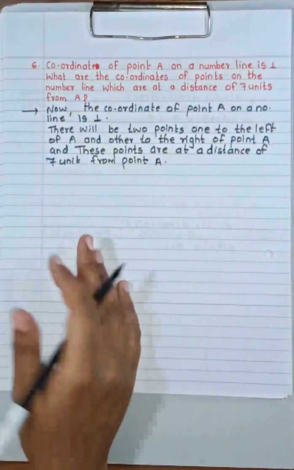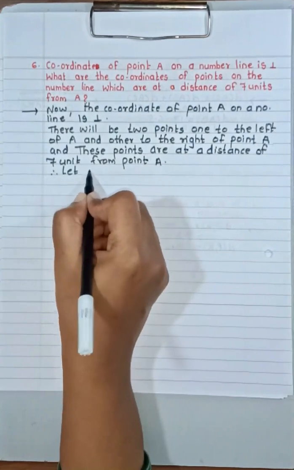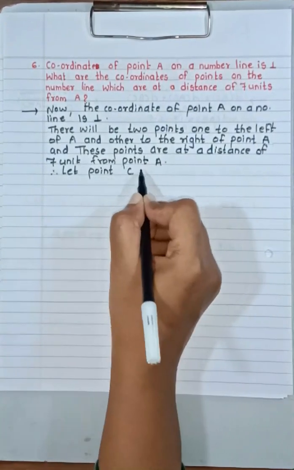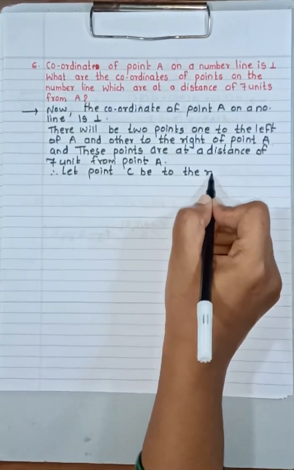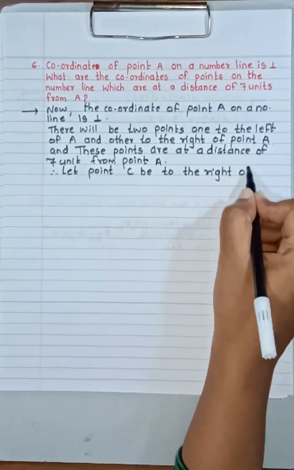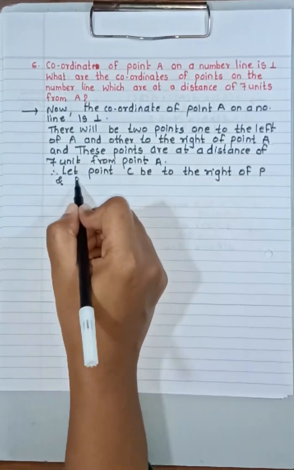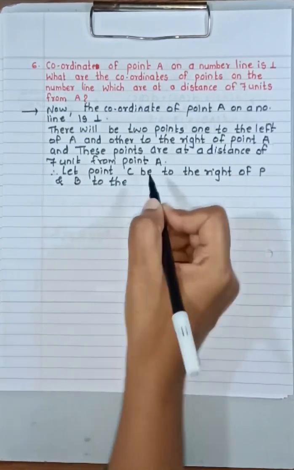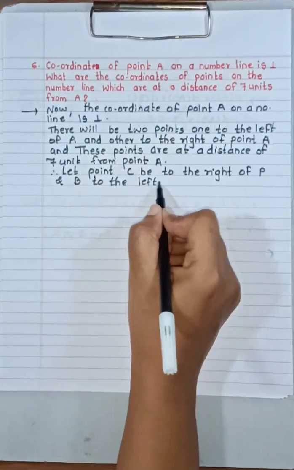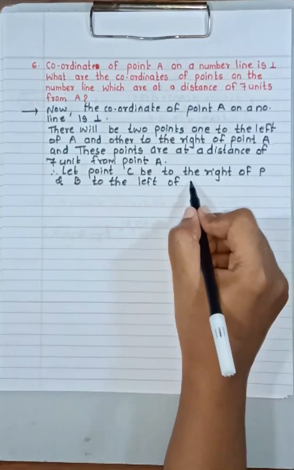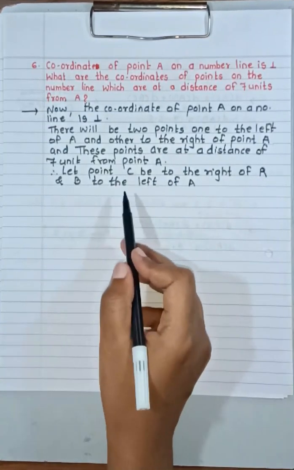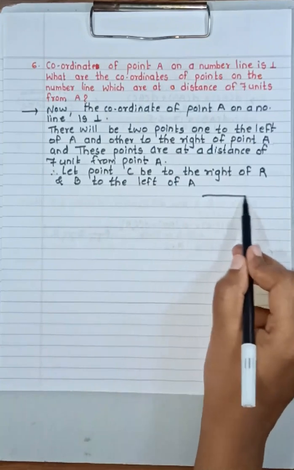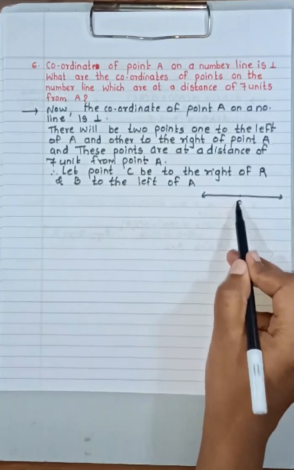Okay, now let C be to the right of A and B to the left of A. Now you can write down here, let point C be to the right of A and B to the left of A. Now if you see this number line, okay, here is origin.